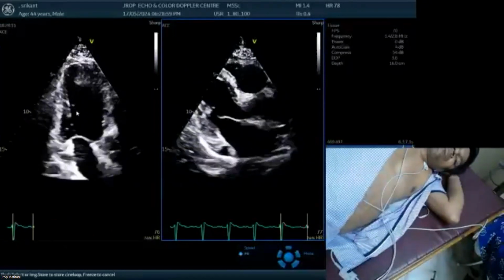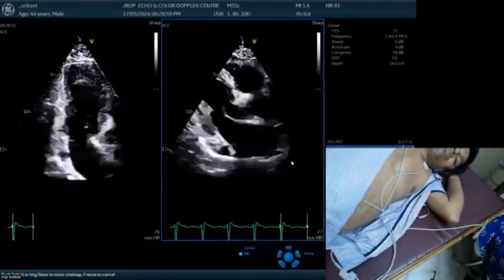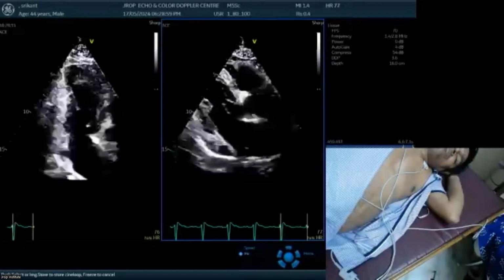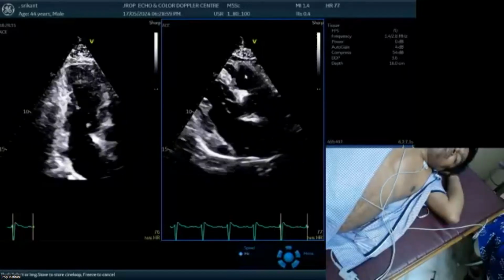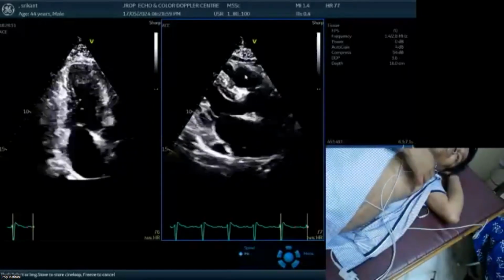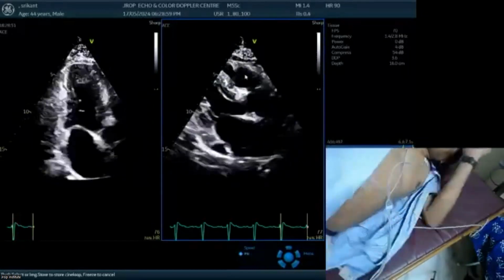This is LV, LA, aorta. We do not see an RV, a very small tiny RV seen over there, but to a large extent we can see an RV. So that is the apical window. Then next, ask the patient to lie down flat, see that later.